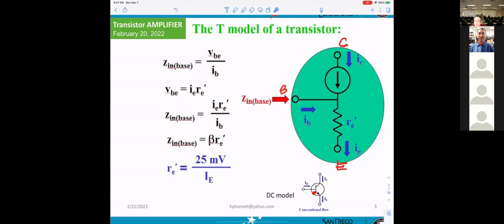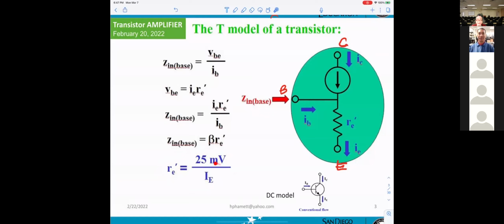They substitute it by a resistance, and that resistance will be R prime E. That's what they call the internal resistance from the base to the emitter, and it will be calculated by this formula for bipolar.